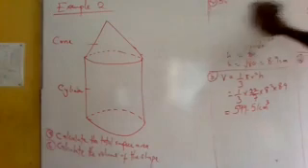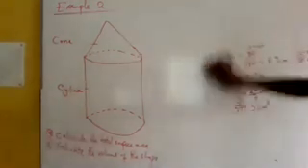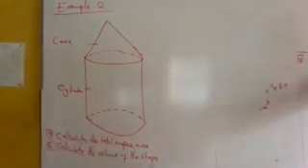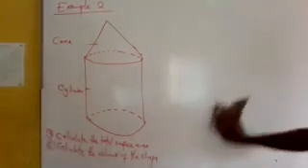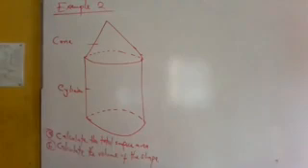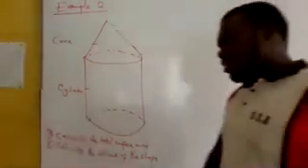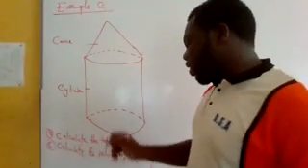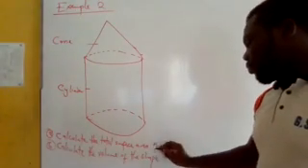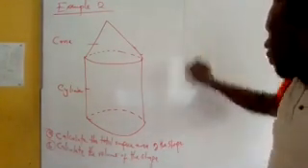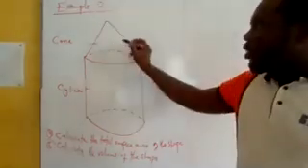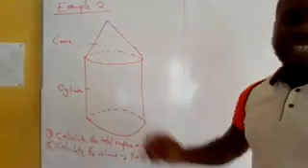So now let's try and solve this question. It's quite simple, but this is where it takes deductive reasoning. Now remember that I said you should calculate the total surface area of the shape above. If you look at this very well, you have your cone here and you have your cylinder.